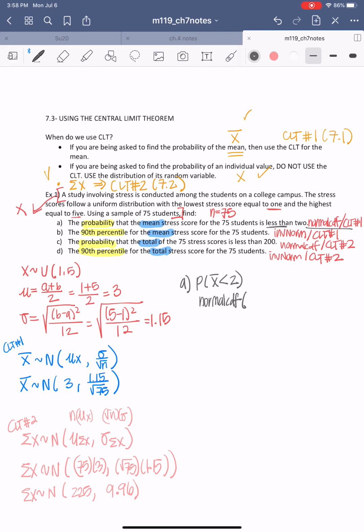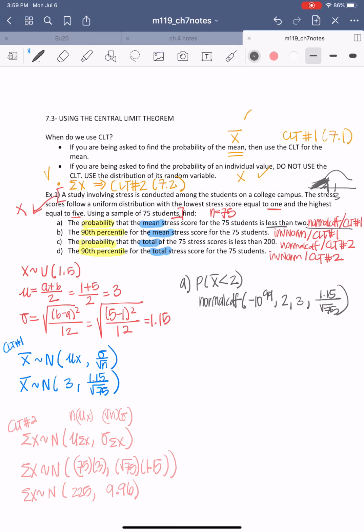So whatever the curve is, the mean was 3, less than 2, I'm shading all the way here. So I have a lower bound of negative 10 to the 99, and an upper bound of 2. The correct one is the mean for CLT number 1, so 3, and then 1.15 divided by square root of 75.